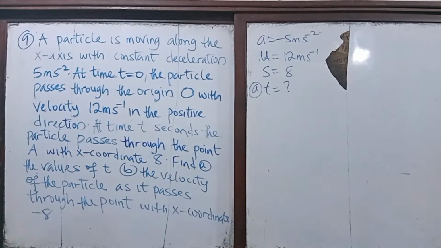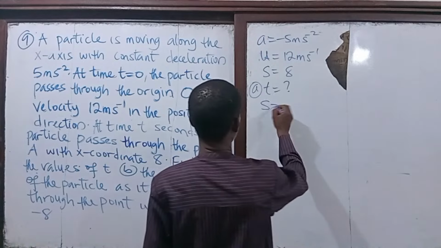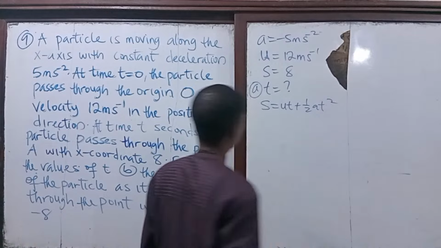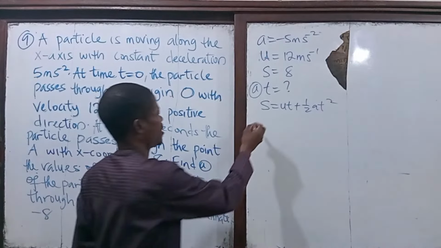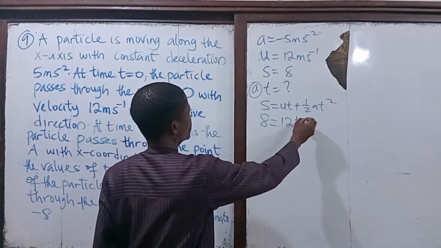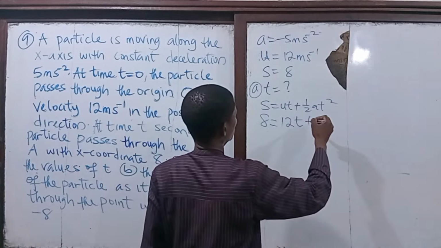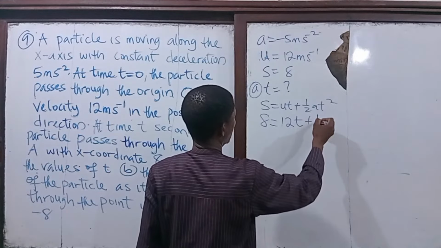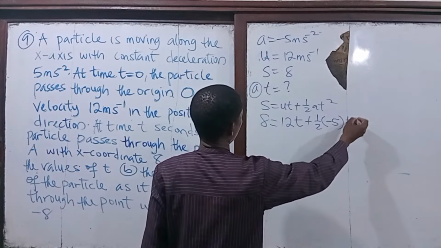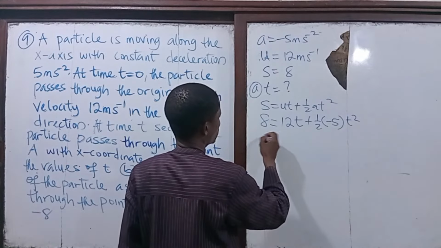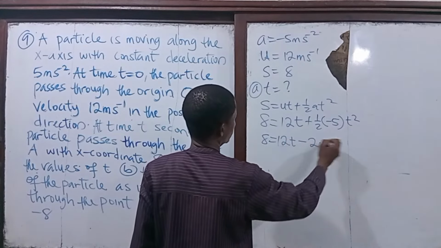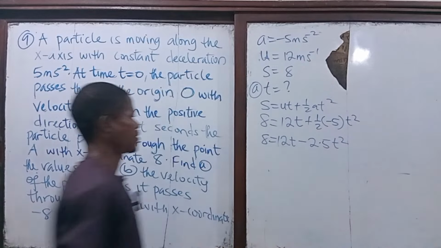So the equation that will be applicable, we can use this one: x equal to ut plus half at squared. We have the x as 8, we have the u as 12. So 12t, don't know t, plus this becomes minus half times the acceleration, minus 5, times t squared. That will be equal to 8: 12t minus 2.5t squared.